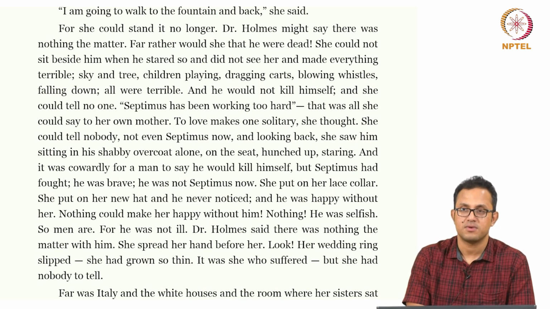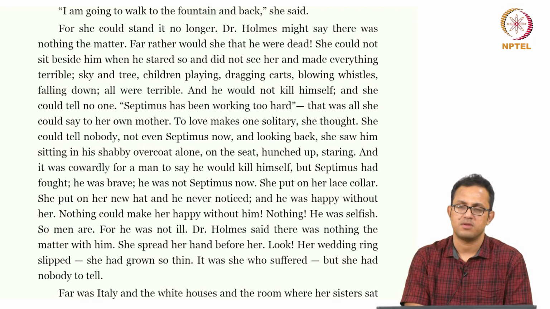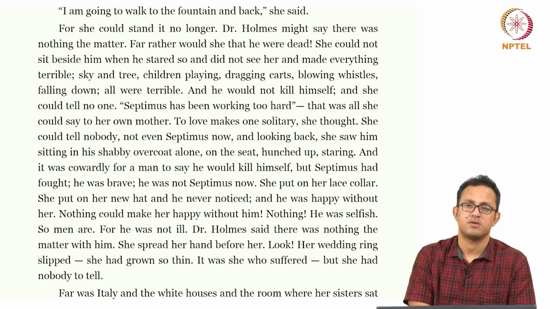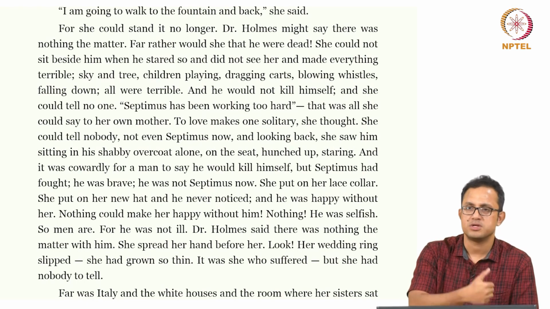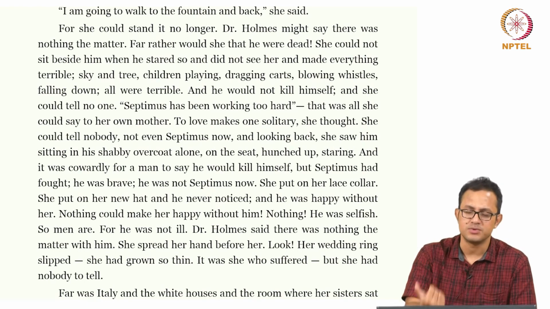And that's an act of cowardice according to the medical practitioners, according to religious people. And that cowardice of Septimus is contrasted with his masculinity which he exhibited during the war. So according to Razia, all this becomes a very complicated transition from a position of privilege to a position of cowardice. That is the transition Septimus makes.